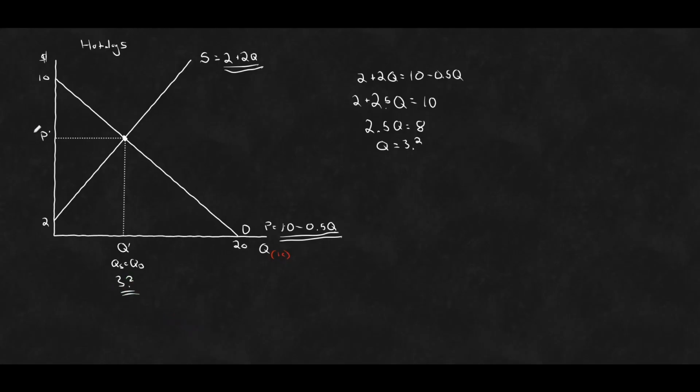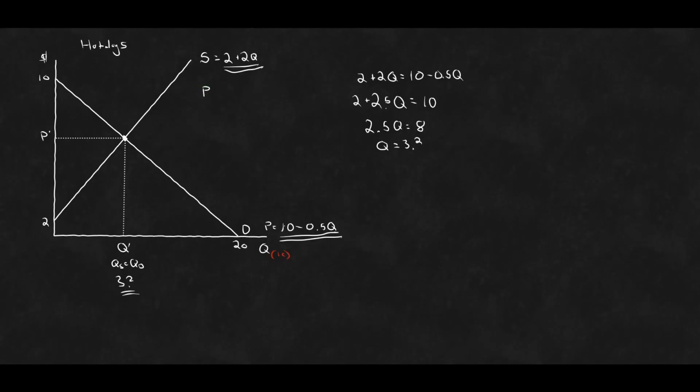How do we figure out our market clearing price? Well, that's where our marginal cost equals our marginal benefit, where our minimum willingness to accept equals our maximum willingness to pay. So we should be able to find it by taking this 3.2 and plugging it into either equation. Let's plug it into both to make sure we haven't made any mistakes.